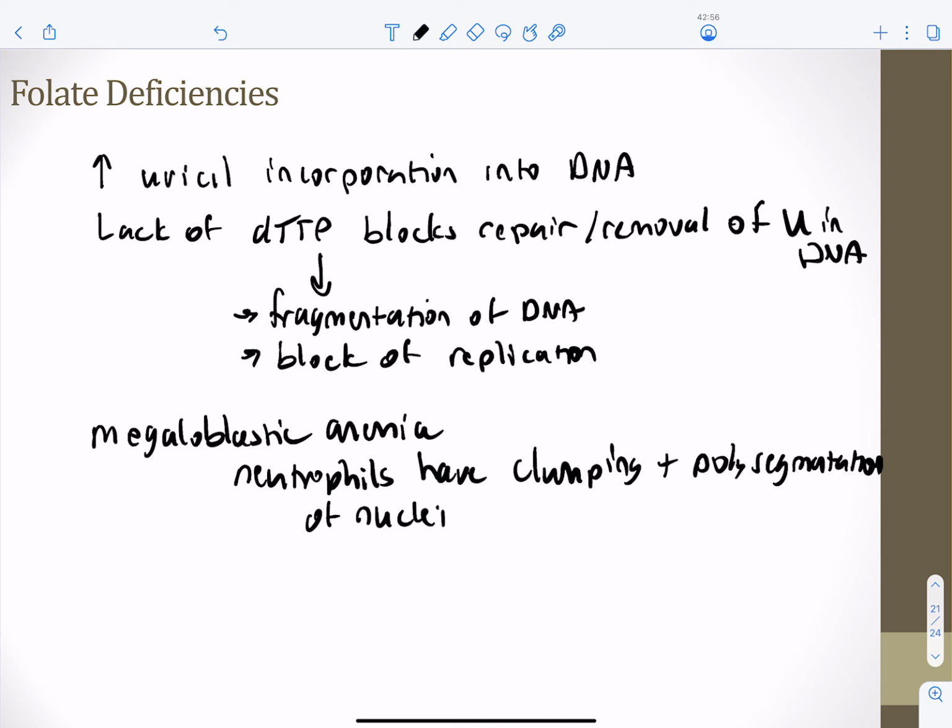And so with folate deficiencies, the damage to cells that are affected is not repairable, and the cells will undergo apoptosis.